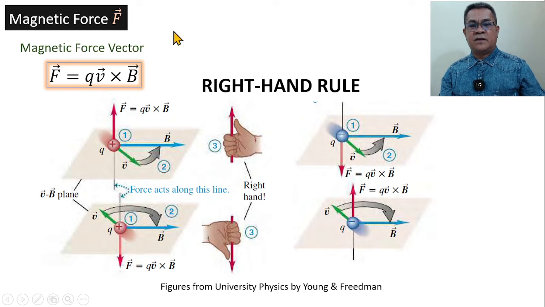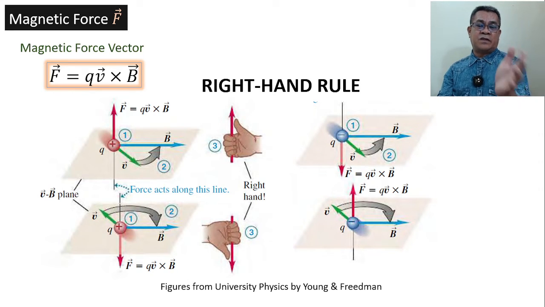So look at figure 1 or figure A. This one. The velocity is green in this direction. Then we have this magnetic field. So the angle, take note of this, is tending to move in a counterclockwise direction.